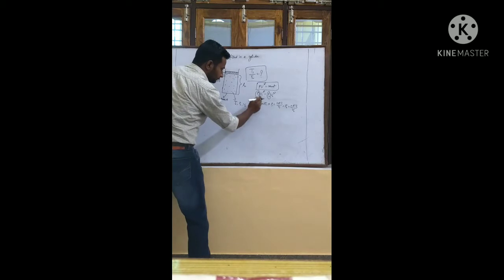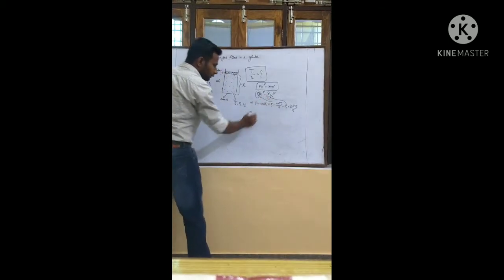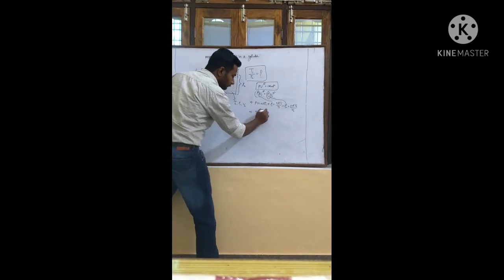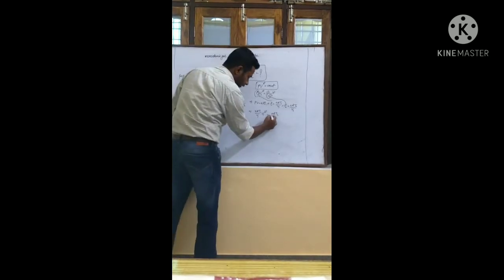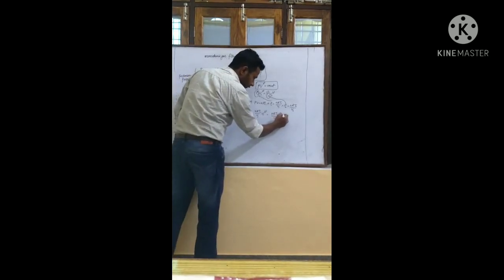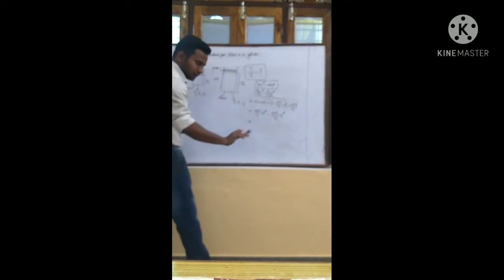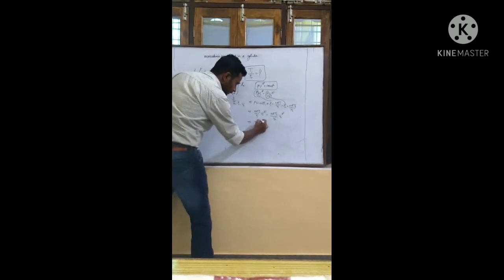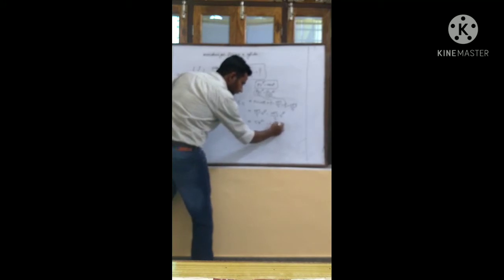Substitute this value here in this equation, this P2 value here. So you will get nRT1 divided by V1 to the power gamma is equal to nRT2 divided by V2 to the power gamma. nR cancel out, T1 V1 to the power gamma minus 1 is equal to T2 V2 to the power gamma minus 1.